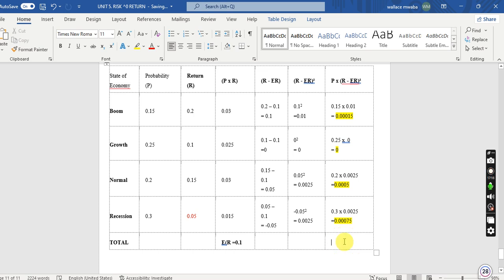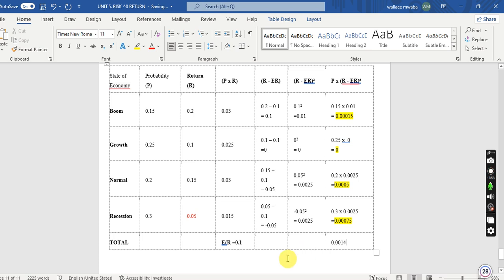We add all of these together, and when we add them, we get 0.0014.